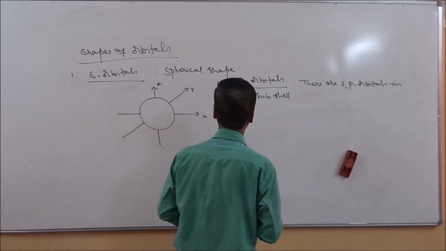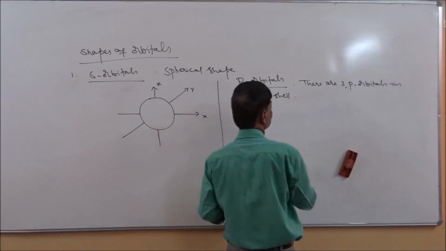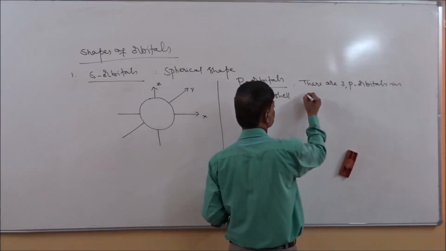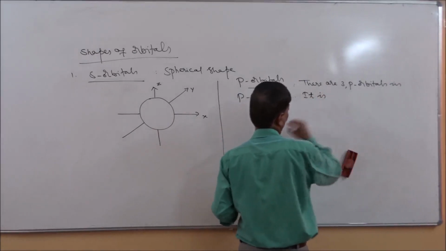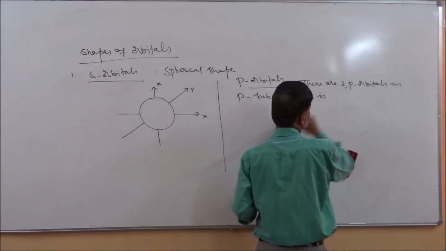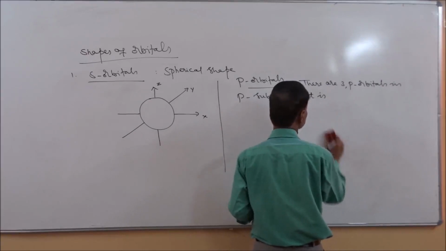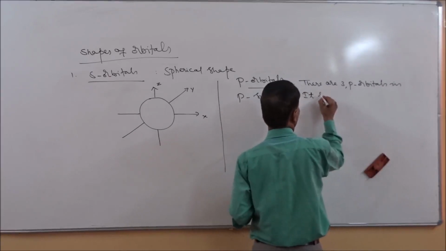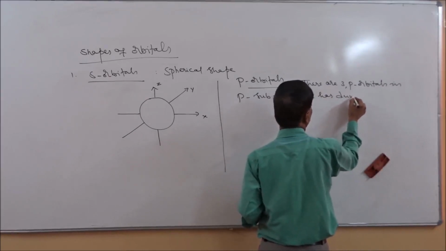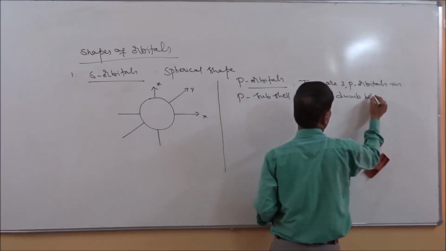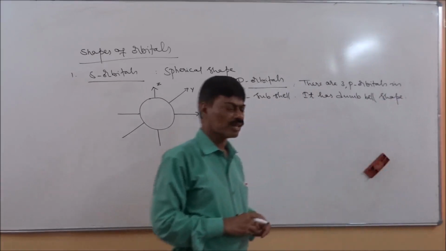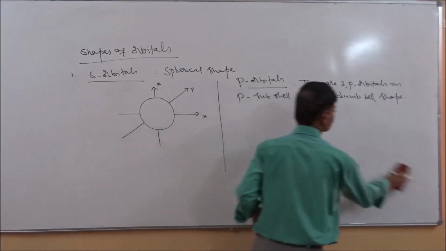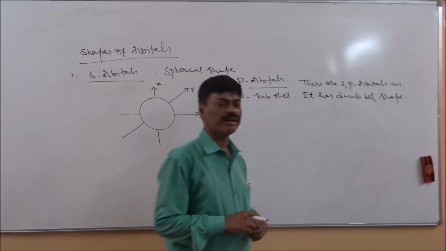As far as shape is concerned, each p orbital is dumbbell shaped. Each p orbital has dumbbell shape. Now let us see these three p orbitals, how they are indicated.